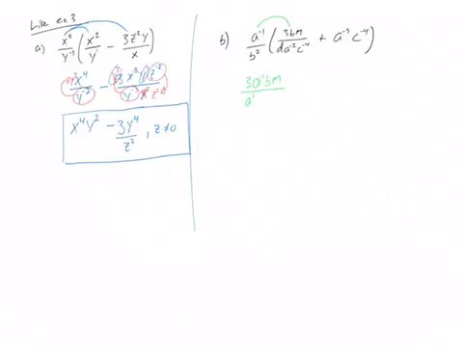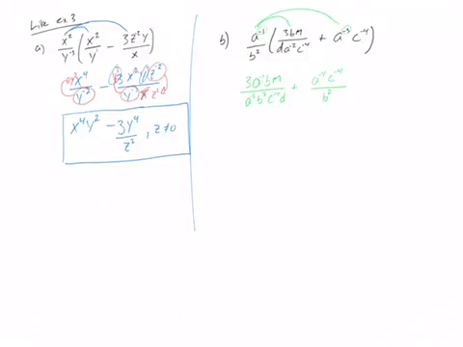A to the negative 2, b squared, c to the negative 4, d, plus this one times this one. This is going to be a to the negative 4, because I added that negative 1 and that negative 3. And then c to the negative 4 over b squared.